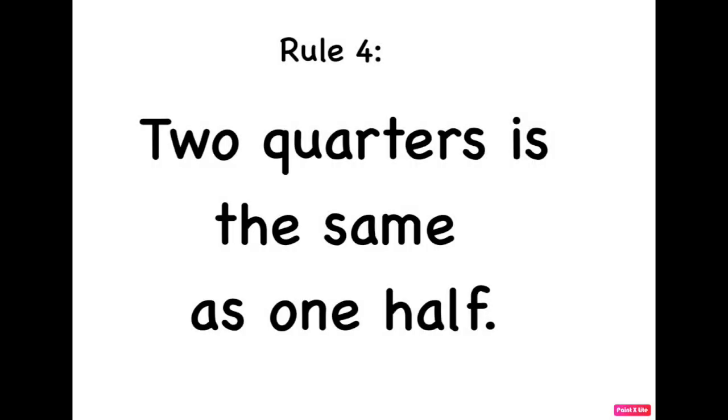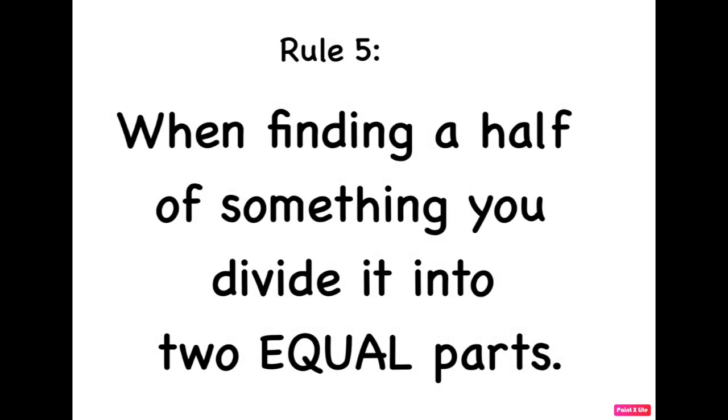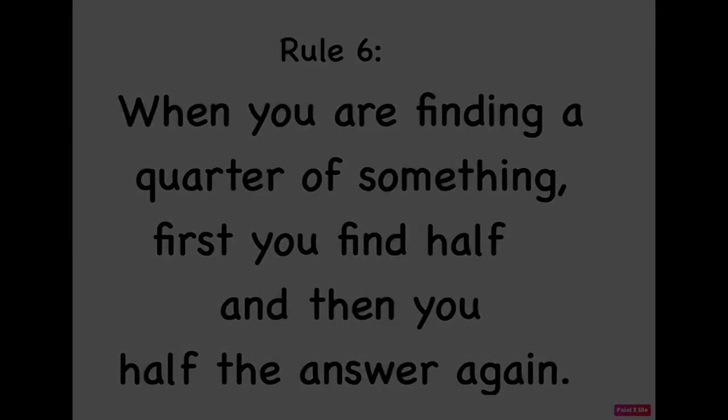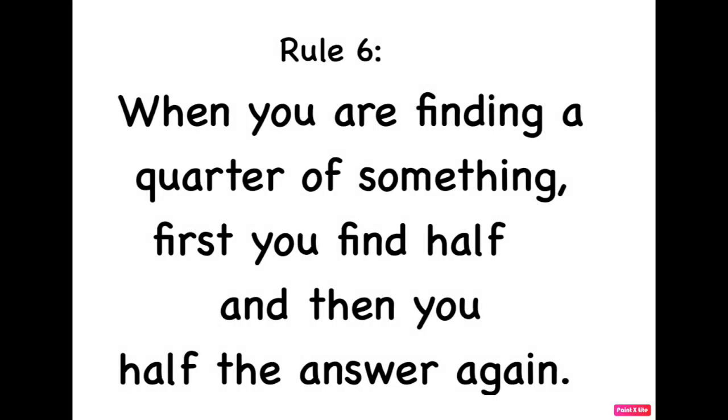Number 4. 2/4 is the same as 1/2. Number 5. When finding a half of something, you divide it into 2 equal parts. And number 6. When you are finding 1/4 of something, first you find half, and then you half the answer again.